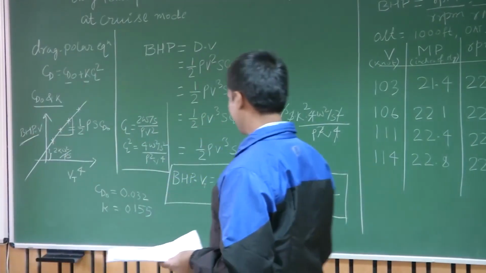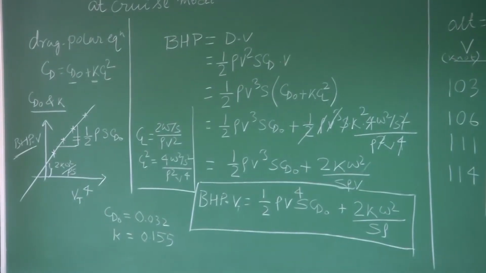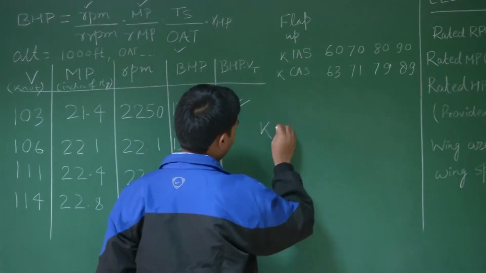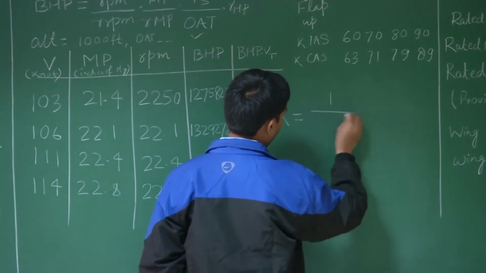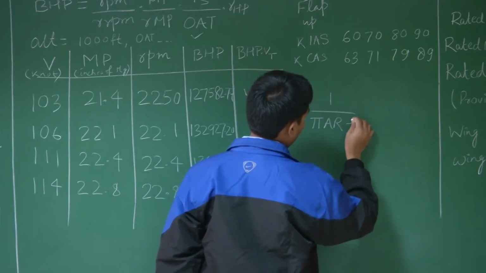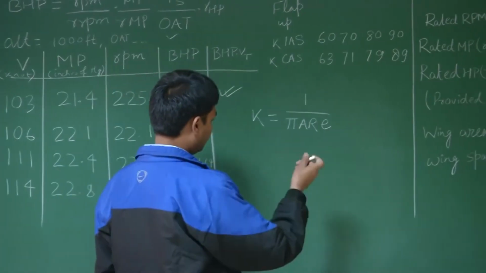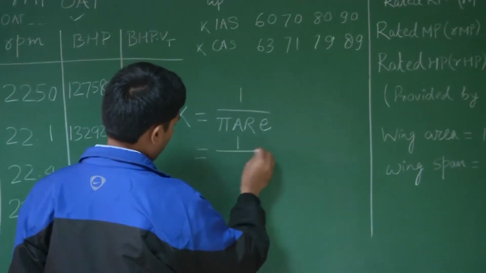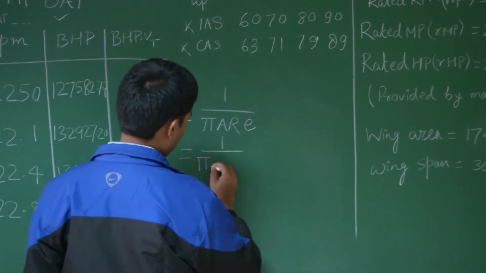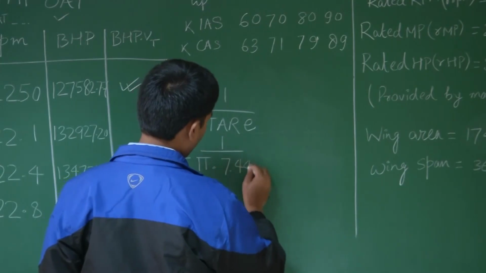If you want to validate your K, which here is 0.155, all of us know K can be written as K equals 1 by pi times aspect ratio times Ostwald efficiency factor E. For the Cessna aircraft, if you calculate K, it will be 1 by pi times, with the aspect ratio around 7.448.